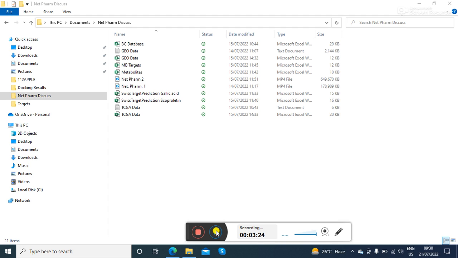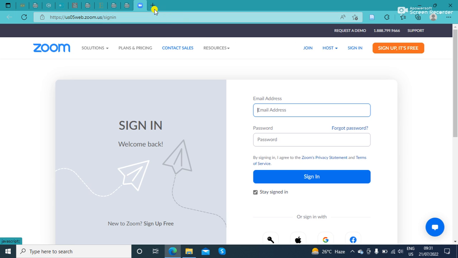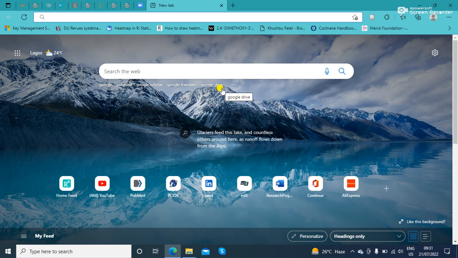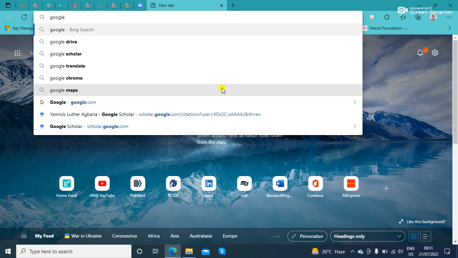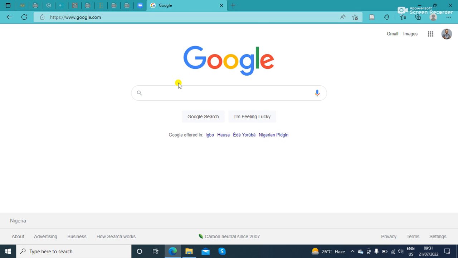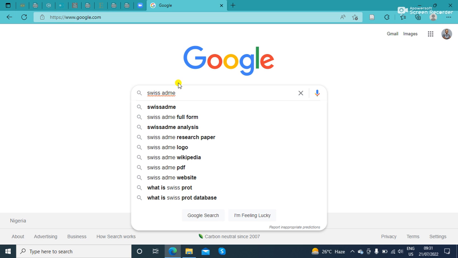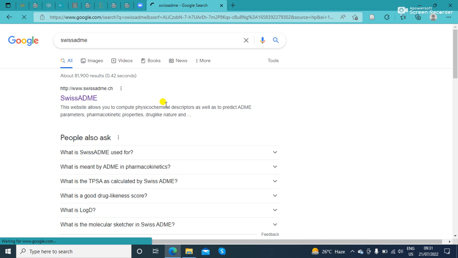So let's go immediately on the website where we can actually find that. We can go on Google, and on Google you will look for Swiss ADME.